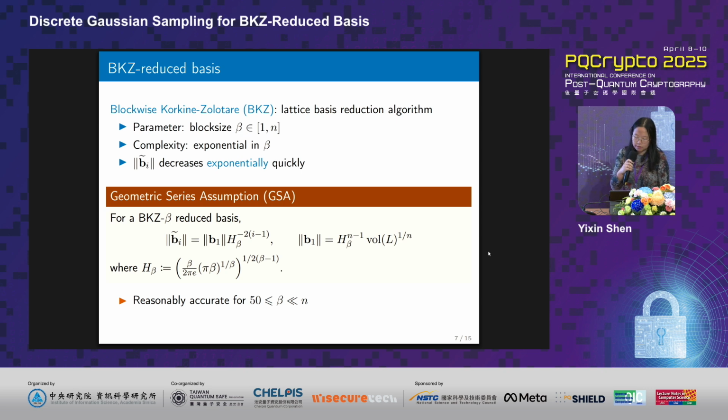So for any i, we can write down the norm of Bi tilde, which is an explicit expression, exponential with respect to i. This assumption is reasonably accurate for beta large enough. It should be larger than 50, but much smaller than n.